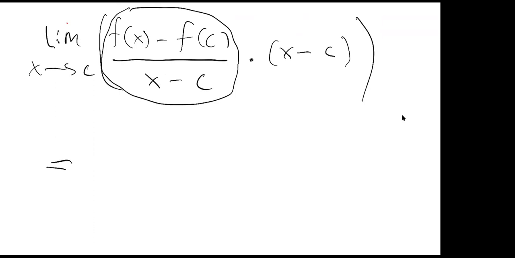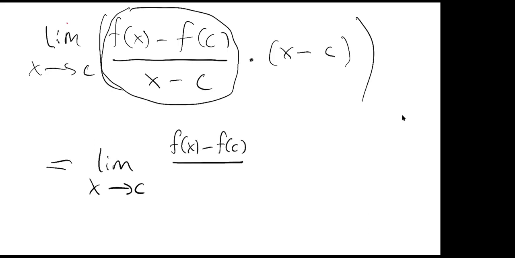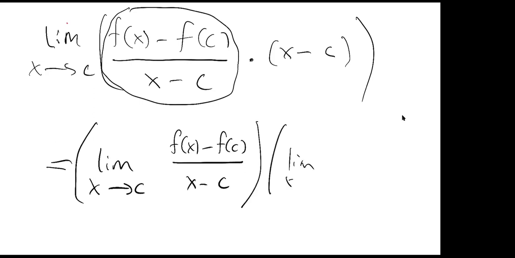So I'm taking the limit of a product. Who remembers that if I take the limit of something times something else, that's the same thing as multiplying the limits together? Everybody remember that? So this is the same thing as the limit as x approaches c of f of x minus f of c divided by x minus c, times the limit as x approaches c of just x minus c.